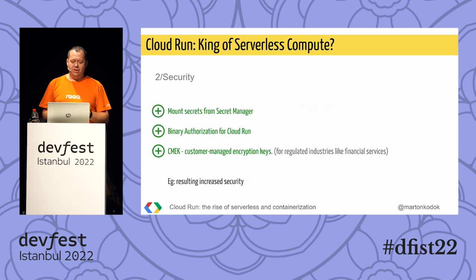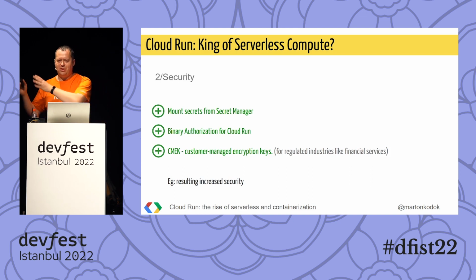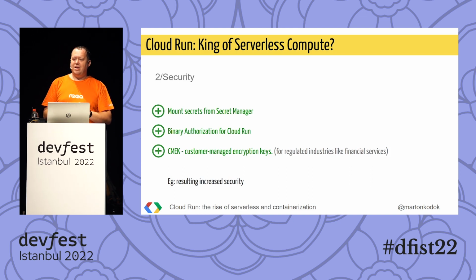Next thing, security. You can mount secrets from Secret Manager. Google Cloud has this concept of Secret Manager, a product where you list your passwords and API keys, and someone from your team puts them in there. He sees it, he puts it there, and after that he doesn't see it. But you are able to access it from the container as a mount.